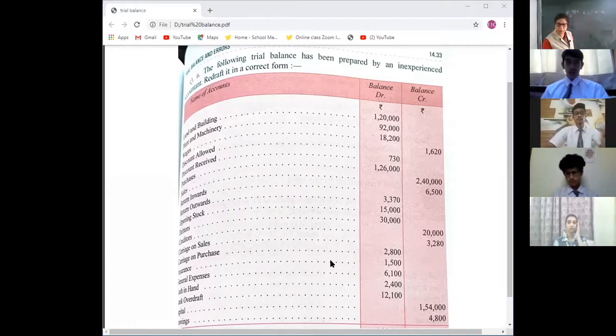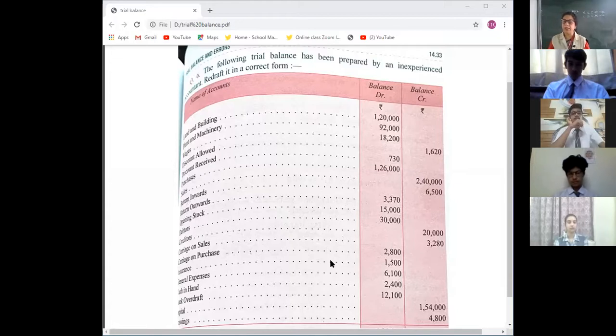Then reverse it: all liabilities, income and gain, sales, purchase return, capital will be credited. In the same way as I taught you in the previous classes, we will redraft it in correct form.